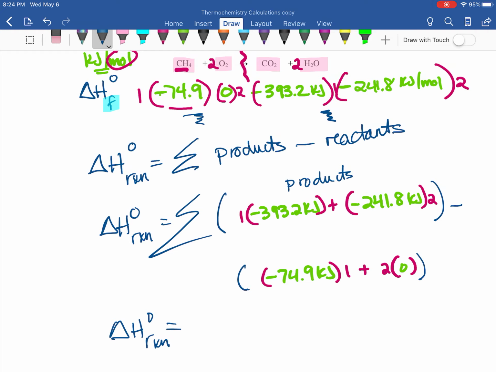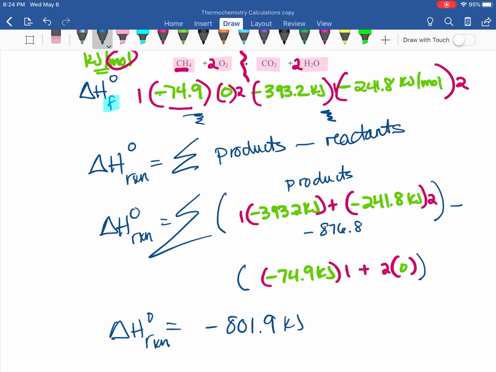I just did the first part. And just for funsies, I'm going to write what I got for the first part just in case you're doing this stepwise. And then I'm going to subtract that negative 74.9. And then now overall, that means I'm getting a negative 801.9 kilojoules.